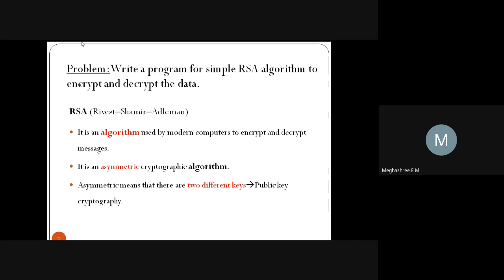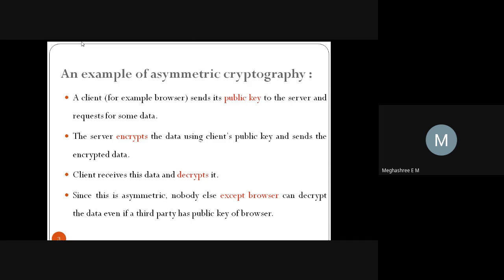So let me consider this example. Microsoft as well as Netscape, these two companies included this RSA algorithm in the web browser itself. Let me consider a real-time example: in our day-to-day life we browse a lot of data, right?